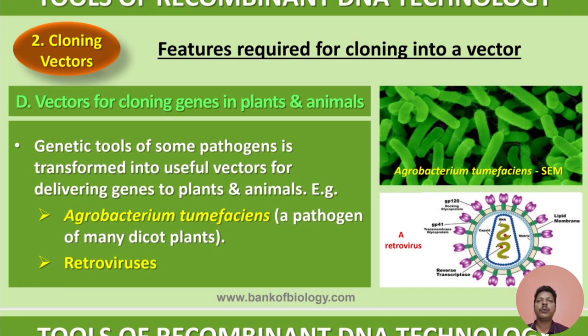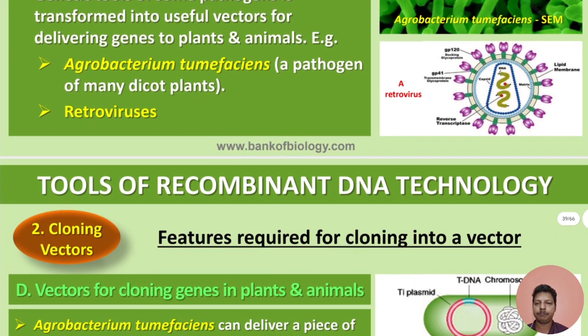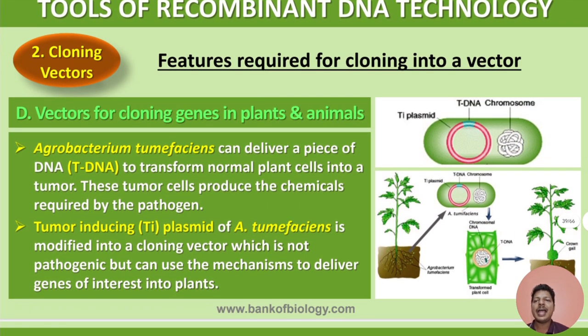Then vectors for cloning genes in plants and animals. Genetic tools of some pathogens are transferred into useful vectors for delivering genes to plants and animals. Example, Agrobacterium tumefaciens. It is a pathogen of many dicot plants. Agrobacterium tumefaciens can deliver a piece of DNA, that is T-DNA, to transform a normal plant cell into a tumor.